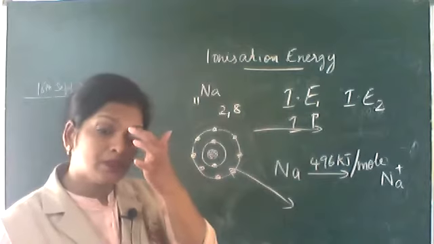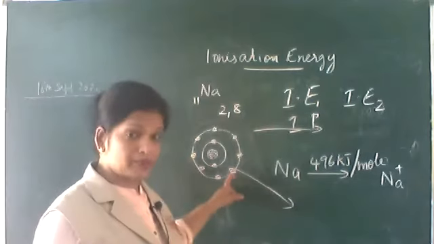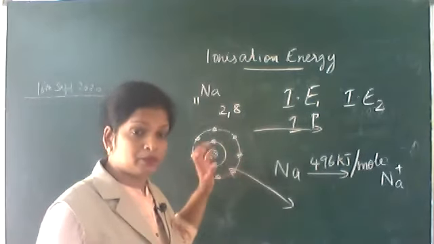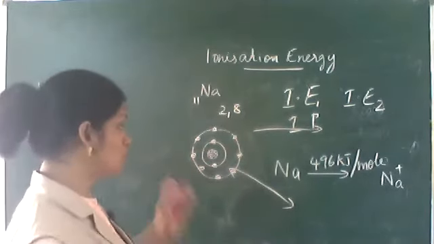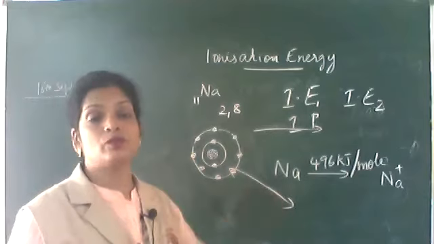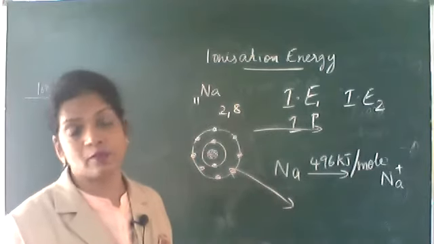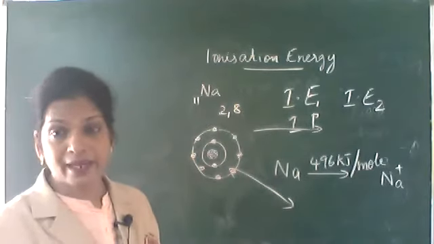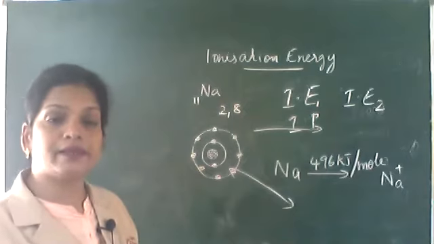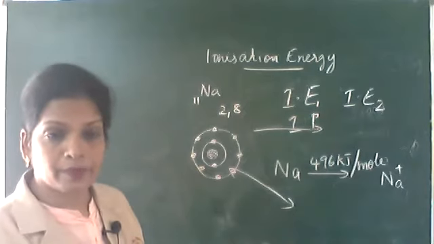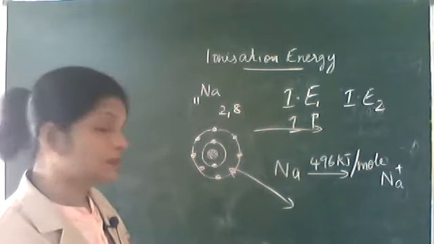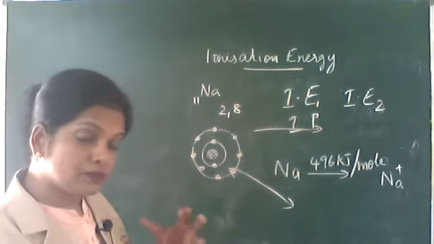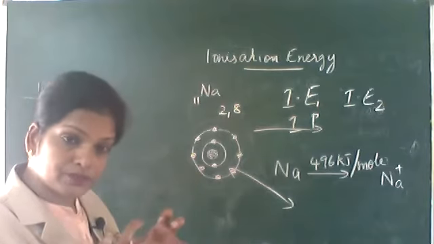Why? Because this electron was very much attracted by the nucleus and we have to pull out from that force of attraction. That means you have to supply more amount of energy to remove that second loosely bound electron. So second ionization enthalpy is always greater than the first, because size already reduced, force of attraction increased.